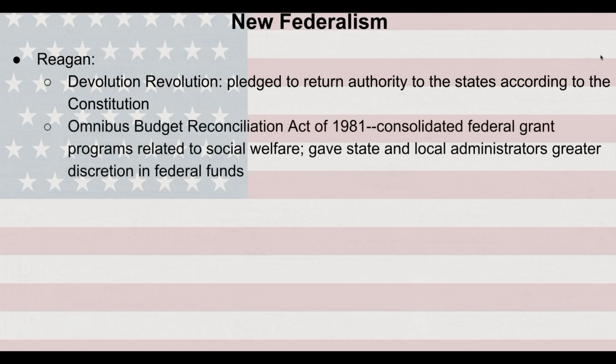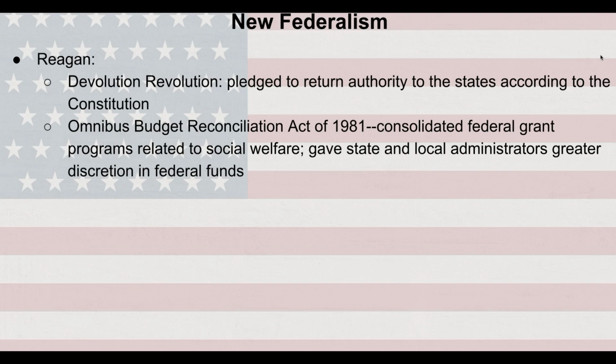And in 1981, there's going to be what is known as the Omnibus Budget Reconciliation Act. What this does is it consolidates federal grants related to social welfare, and it gives states and local administrators significantly greater discretion in how federal funds are utilized in regards to social welfare.